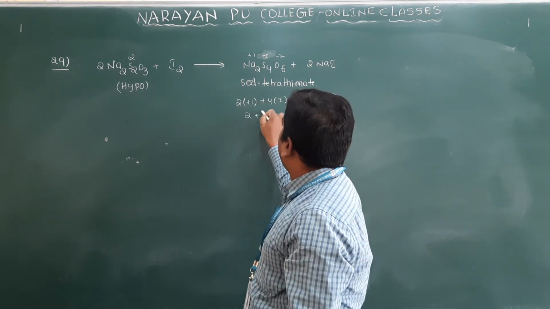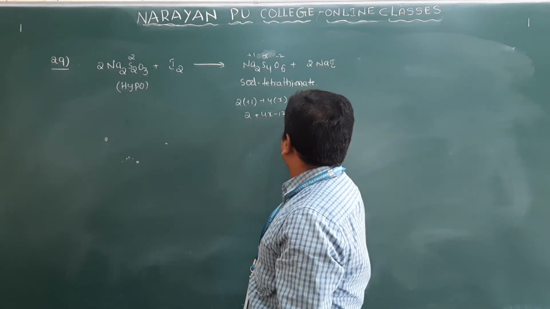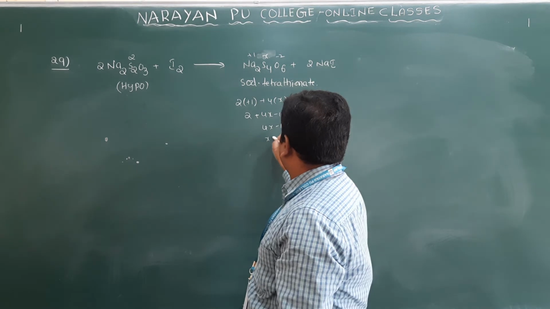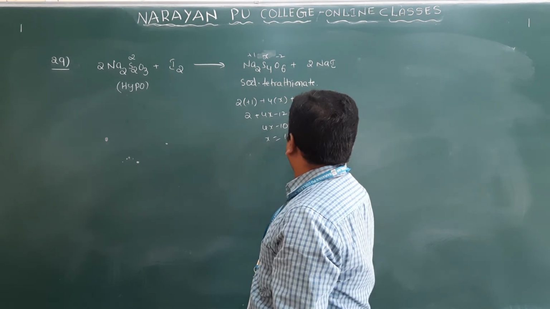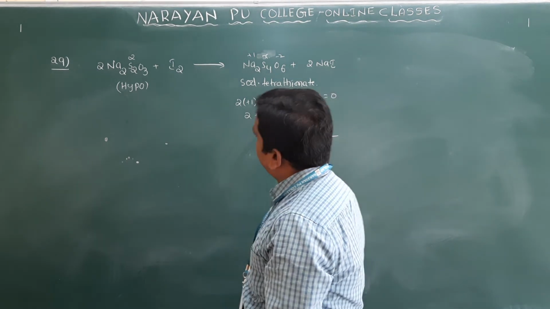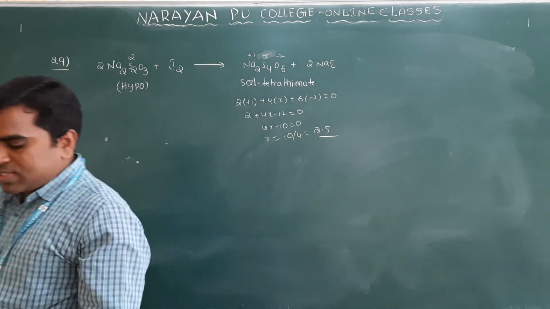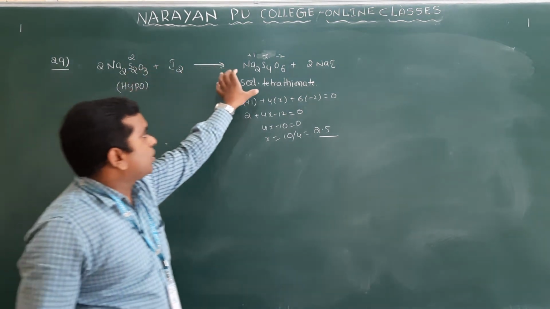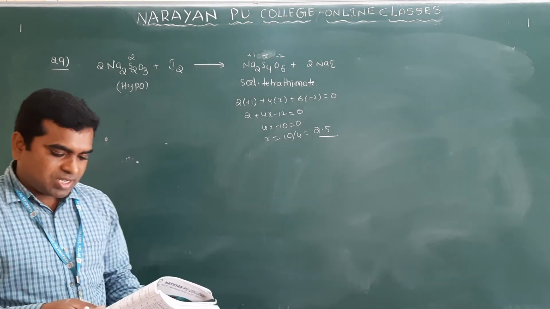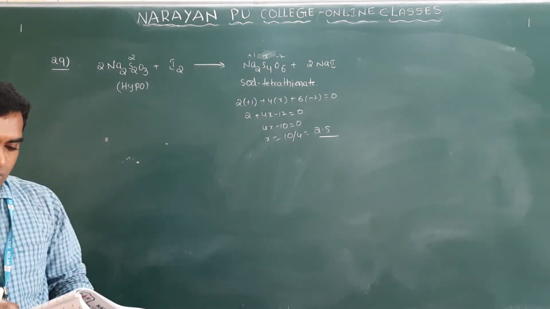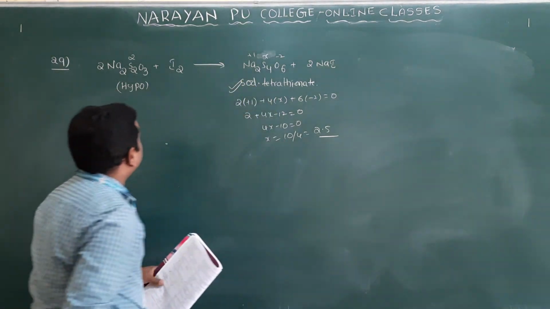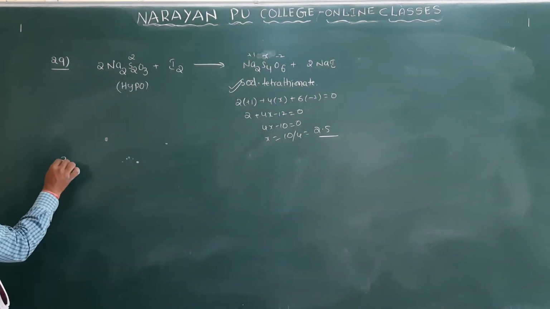So 2 plus 4x minus 12 equals 0. So 4x minus 10 equals 0, so x equals 10 by 4, which is 2.5. Sometimes that question also is asked, so it is a very important reaction. You have to remember it. So what is your answer now? Sodium tetrathionate. So this is question number 29.